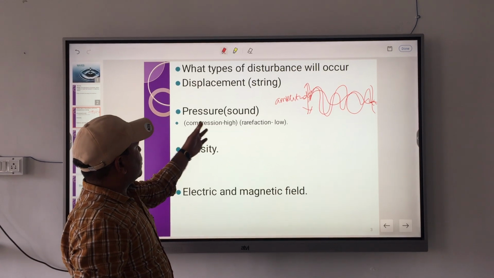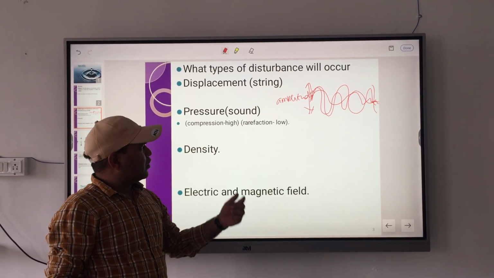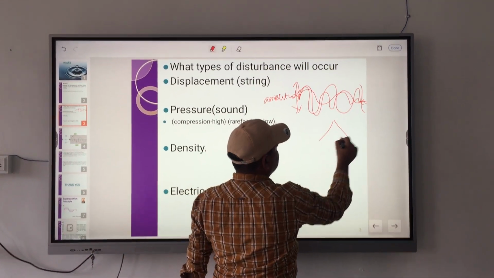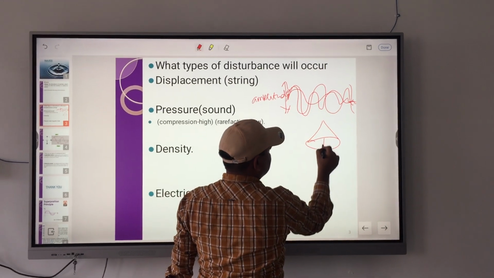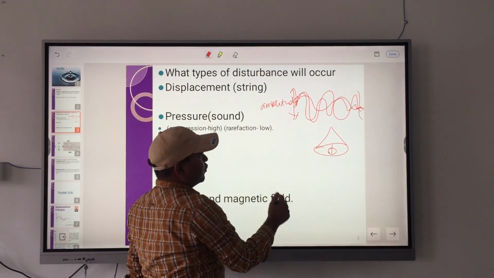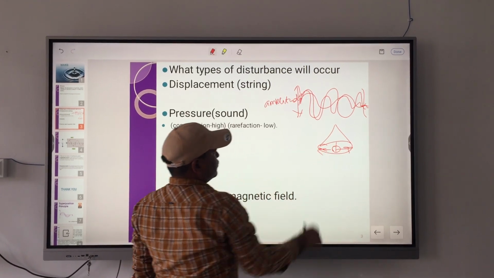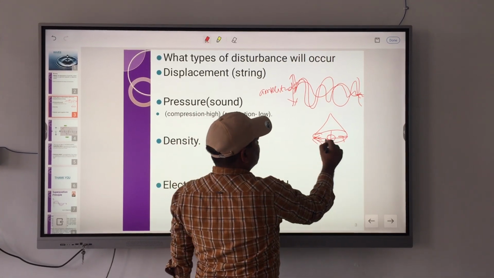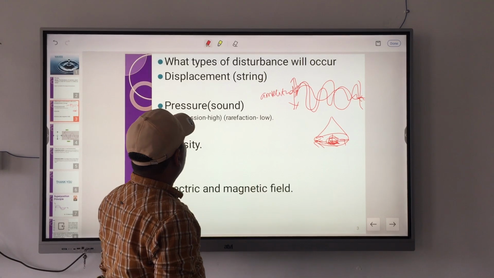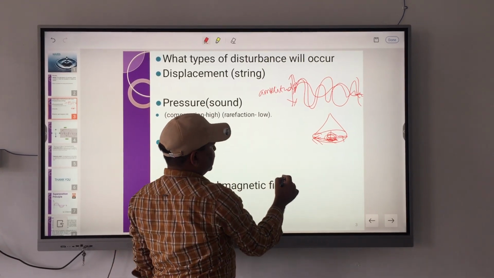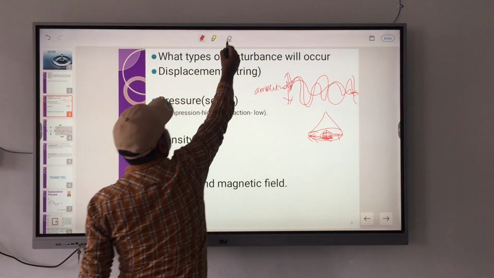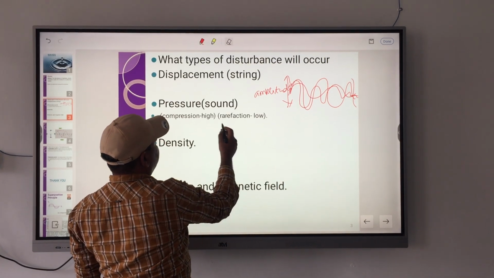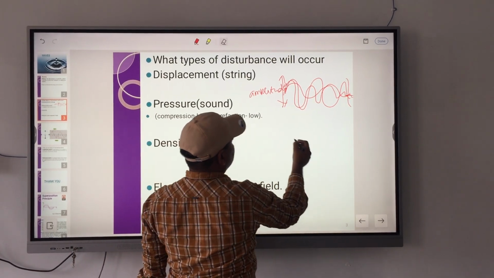Next we will discuss the pressure of sound. If we think about the valve of the tampon, and we move this simple pendulum inside the ball, then pressure will be created from the pressure of the molecules of the valve.